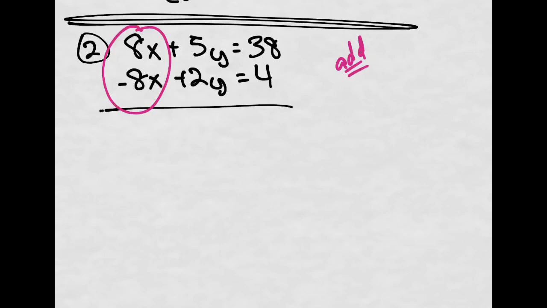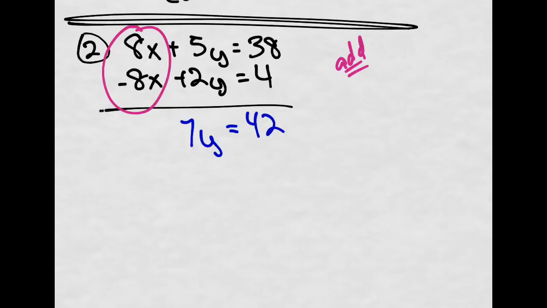We're going to add these two equations, right? So if I add 8x plus a minus 8x, that's 0x. Well, 0 times x is just 0, so that just eliminated itself. 5 plus 2 is 7. 38 plus 4 is 42.